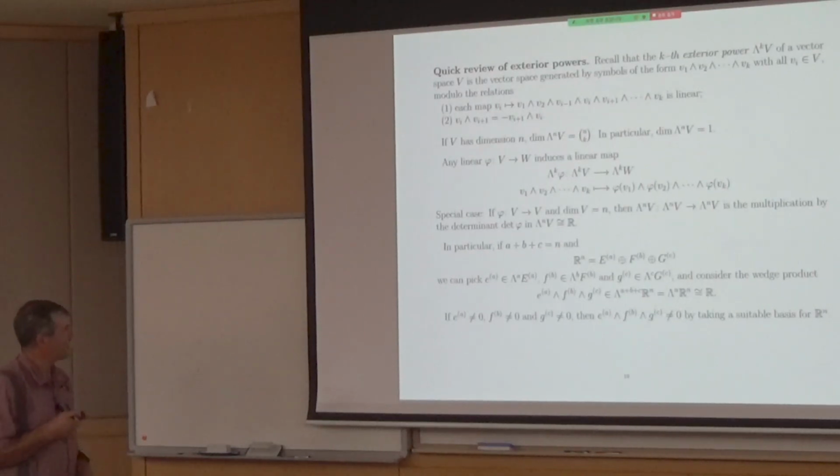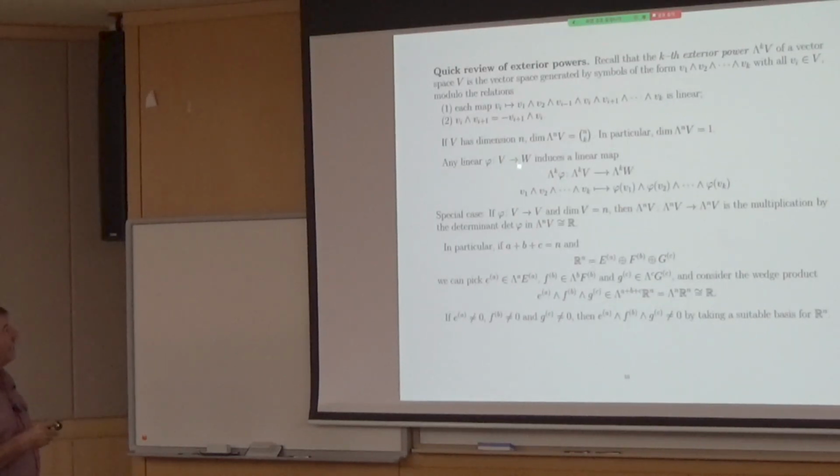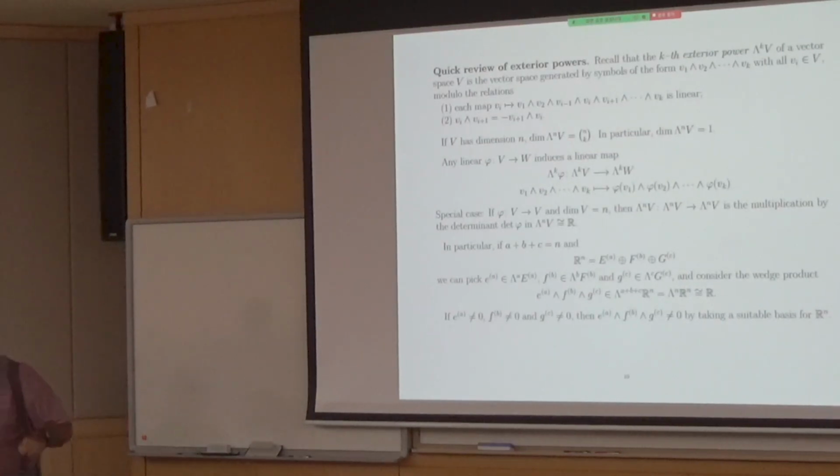And also what's really important is that any linear map from a vector space V to a vector space W induces a map going from the exterior power of V to the exterior power of W. And it's the stupid map where given a wedge product of Vi's, you take the wedge product of their images. That works fine if phi is linear.